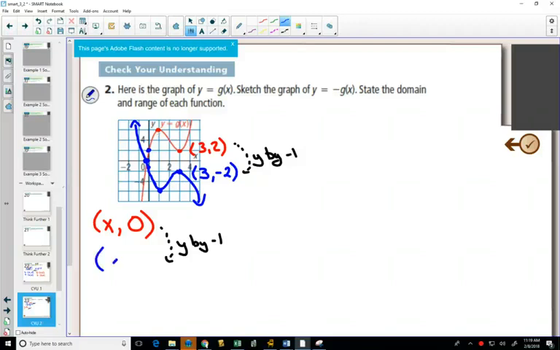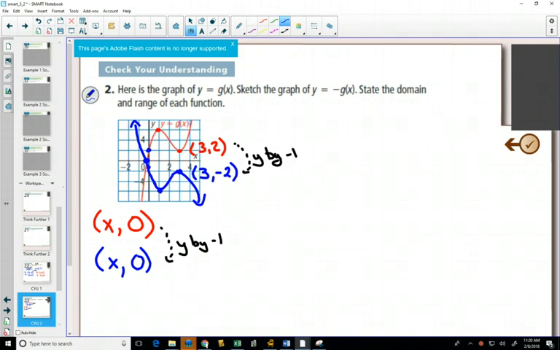On my blue graph, my x value is not going to change. And what happens when you multiply 0 by a -1? It stays 0. So that's algebraically why, when you reflect it vertically, your x-intercept doesn't change. And when we graph it, it makes a lot of sense flipping that over, that's the point that's not going to change.